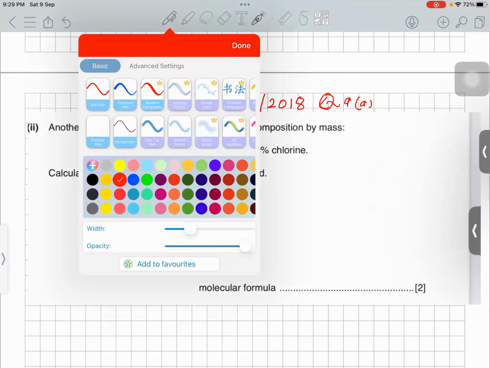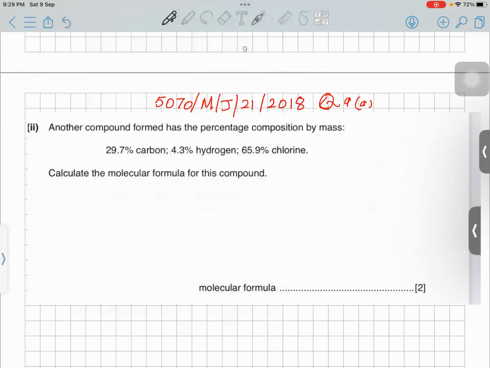Now step number 1, find the empirical formula. First you have carbon, hydrogen, and chlorine.